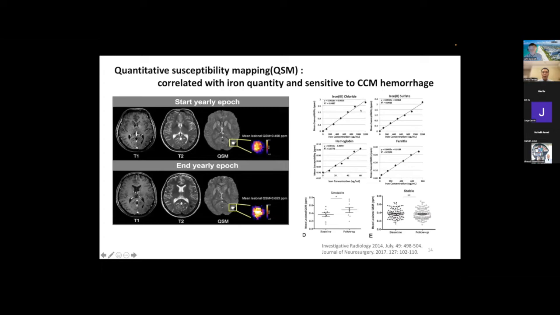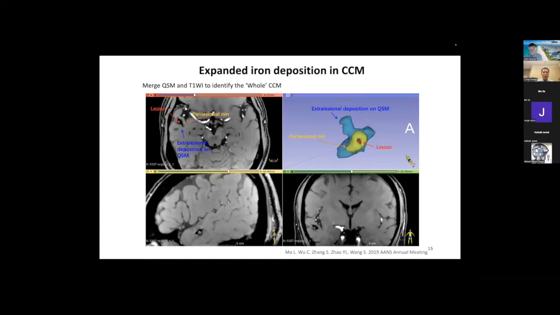So it is a sensitive marker for CCM progression, and its change during the CCM follow-up would correlate with the CCM hemorrhage and enlargement of the lesion. And when we merge the QSM and our ordinary T1 weighted image together, we find there's an extra-lesional area, as shown here in the blue circle, with increased QSM value.